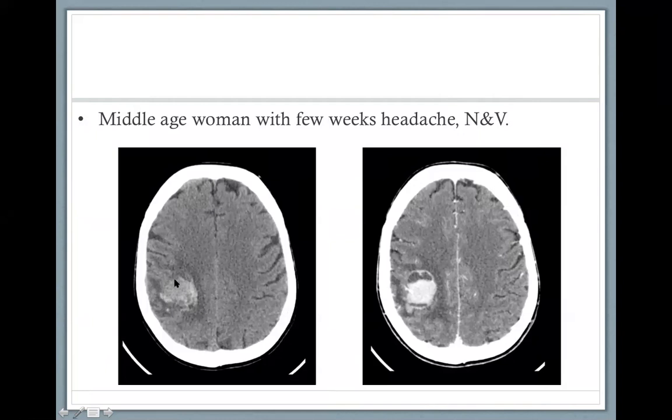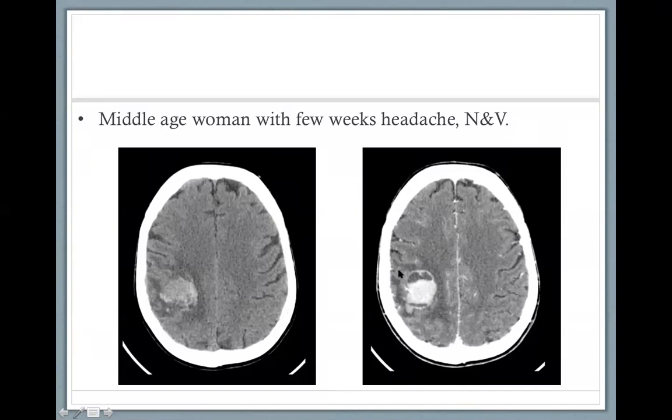The bulk of it is higher attenuation than the rest of the brain, but then surrounded by lower attenuation. When we give contrast, we see more of the solid component. The rest seems to be fluid, so it's not uncommon for tumors to have both solid or soft tissue masses and fluid. And then we see again a lot of edema around it.